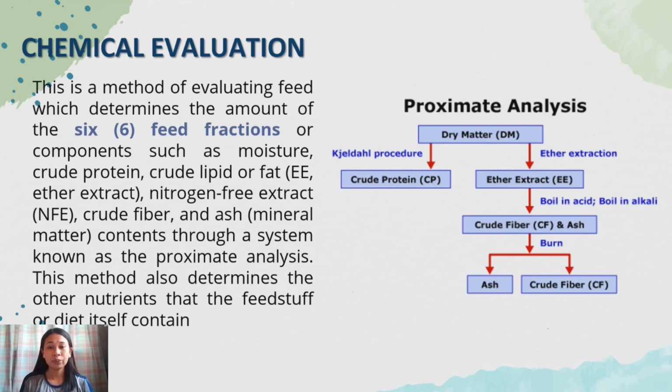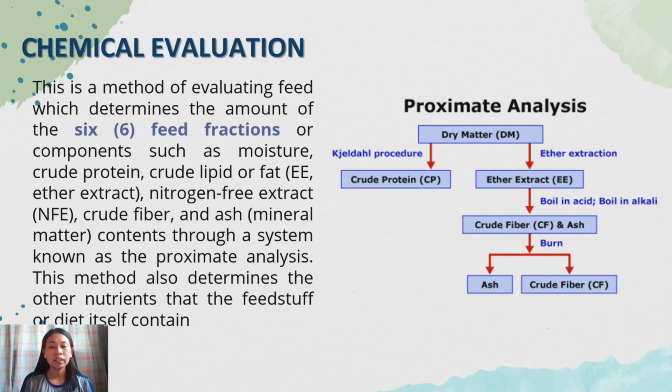So chemical evaluation is a method of evaluating feed which determines the amount of the 6 feed fractions or components such as moisture, crude protein, crude lipid or fat, nitrogen free extract, crude fiber, and ash contents through a system known as the proximate analysis.